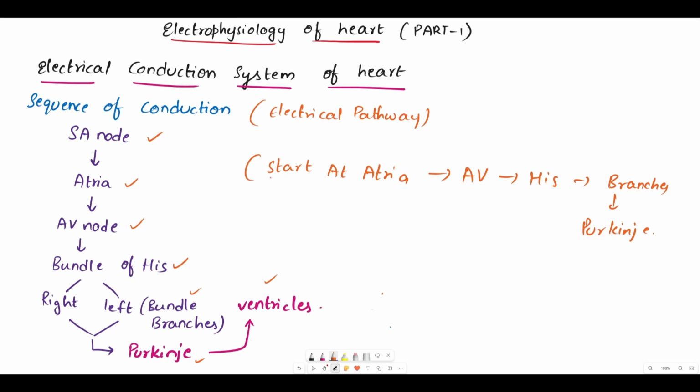So start at atria. S means it is the SA node. Atria means the second one is atria. Then it enters into the AV node. Then it enters into the bundle of His. Then to the right and left bundle branches. Finally reaches the Purkinje fibers. Finally leading to ventricles. So just remember the mnemonic: Start at atria. AV, His, branches, Purkinje.